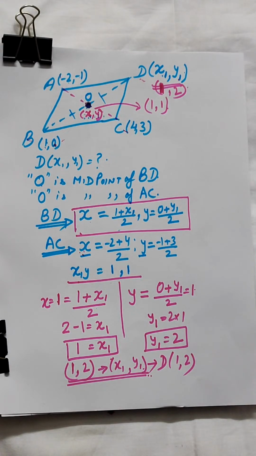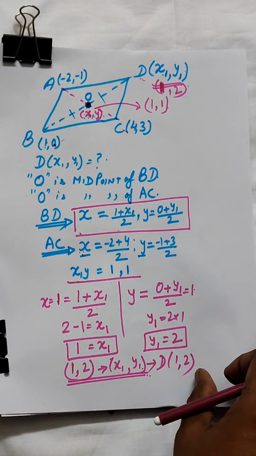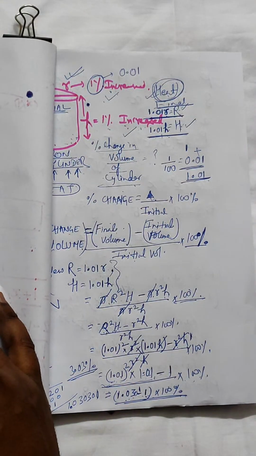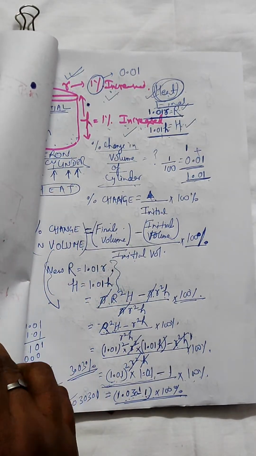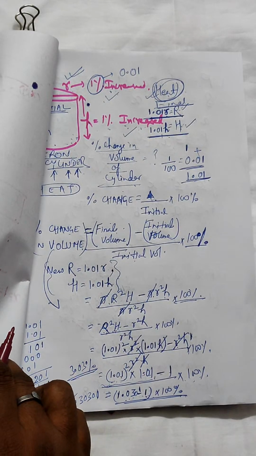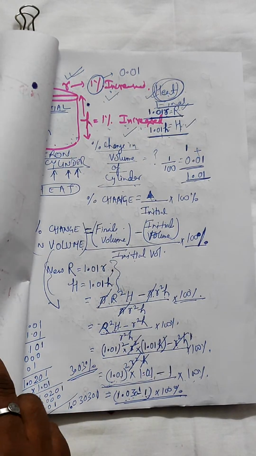We also discussed the question where a cylinder is given whose height and radius are increased by 1%, and what the percentage change in the volume is.